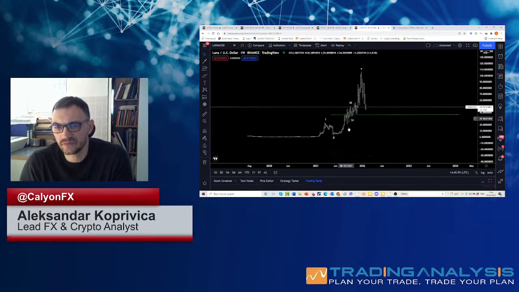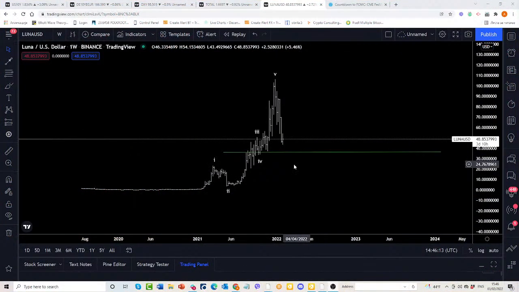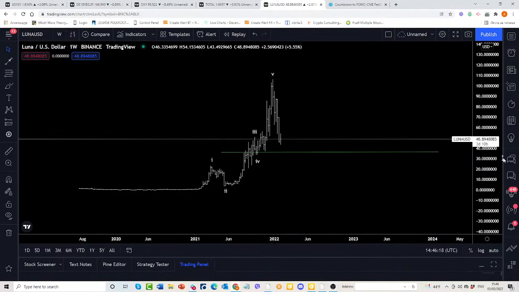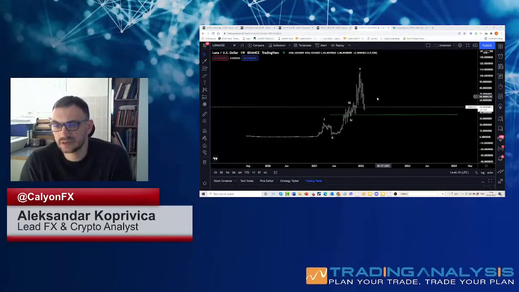You can count 5 waves up, as you can see here, and you can count the 3 waves down. So I still don't think we are done. Maybe we go a little bit lower, and that would pair with 1inch and some other cryptos that we are seeing potentially bottoming. Okay, so I don't want to claim anything in regards to that until I see a reversal signature, and that for me is a must almost always.